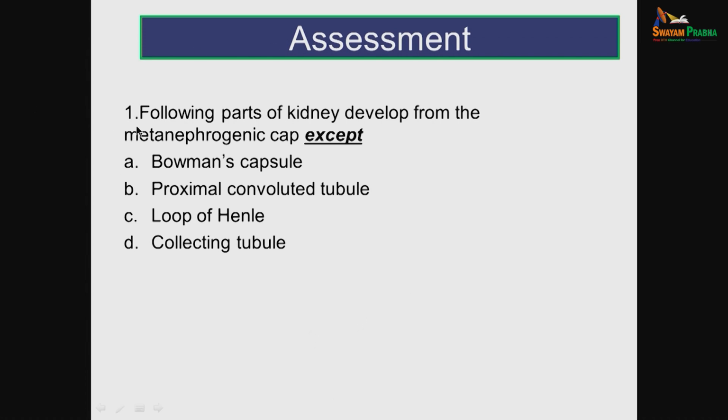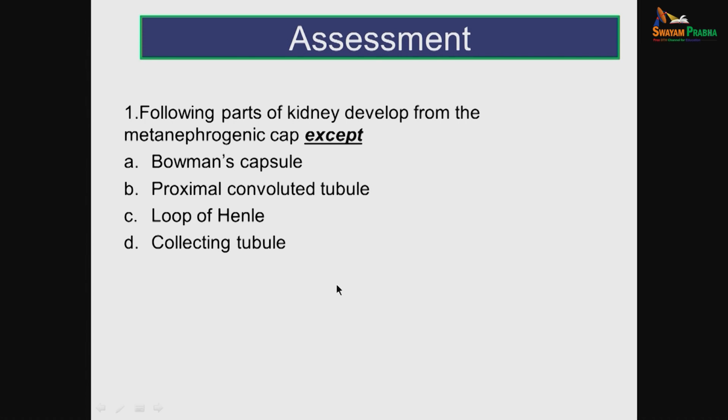So, the first question is: the following parts of the kidney develop from the metanephric blastema or metanephrogenic cap, except. The choices are A. Bowman's capsule, B. Proximal convoluted tubule, C. Loop of Henle, D. Collecting tubule.